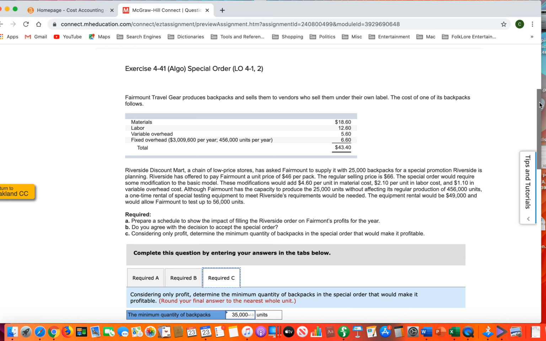Oh, I put the wrong number here. I'm sorry, folks. If you take the contribution margin of 35,000 and divide it by the number of units, I had it backwards. It's $1.40.